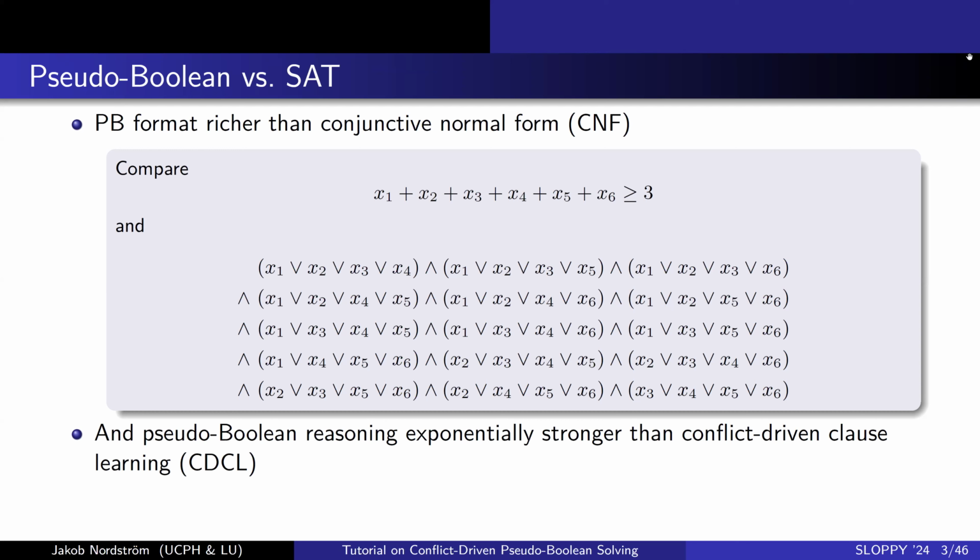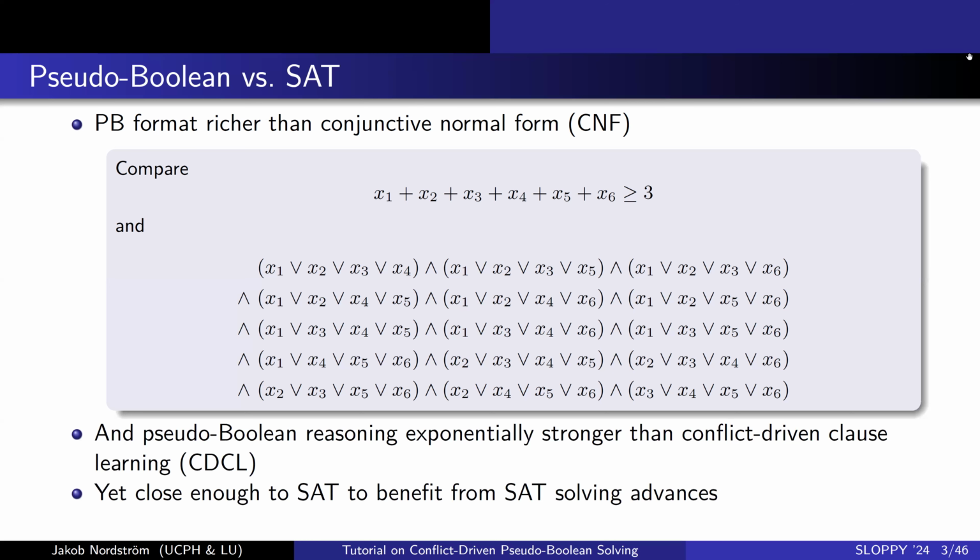Also, as we will see, if you reason with your pseudo-Boolean inequalities instead of clauses, then it's easy to build exponentially more powerful methods of reasoning. And yet, these 0, 1 integer linear inequalities, these pseudo-Boolean inequalities that we'll operate on, are close enough to clauses.